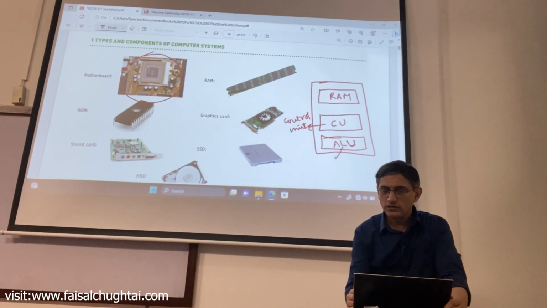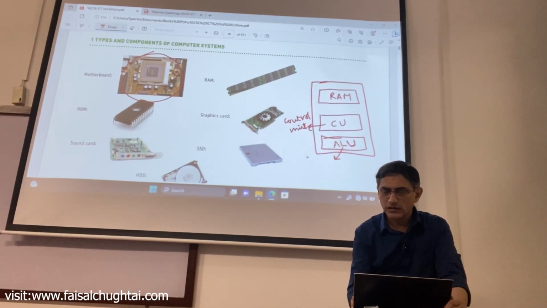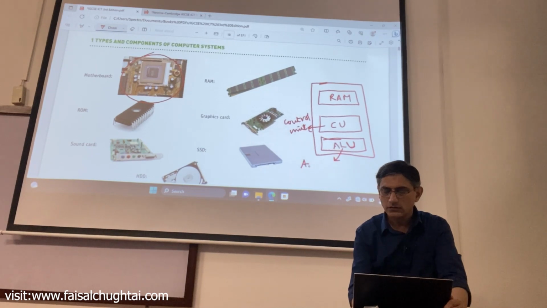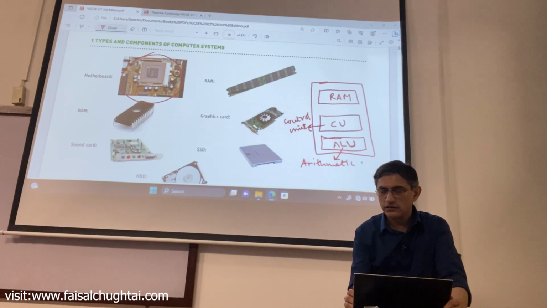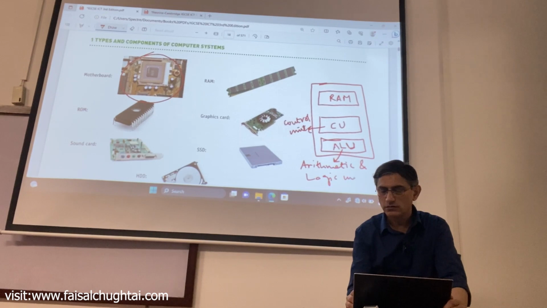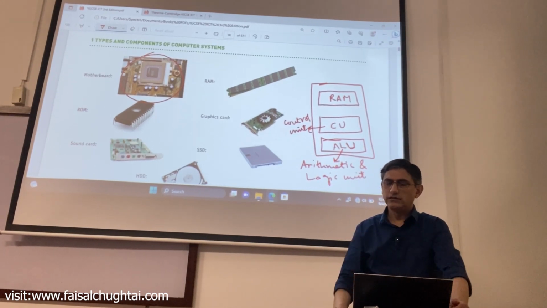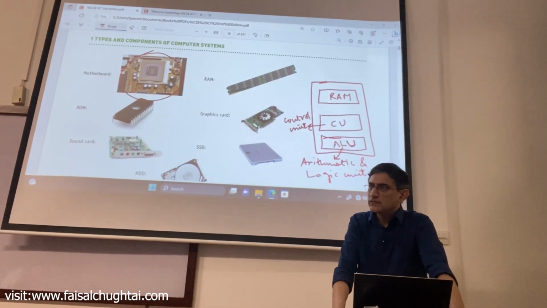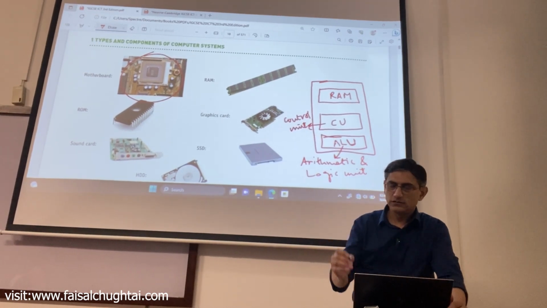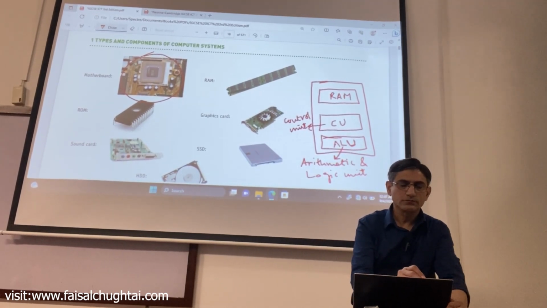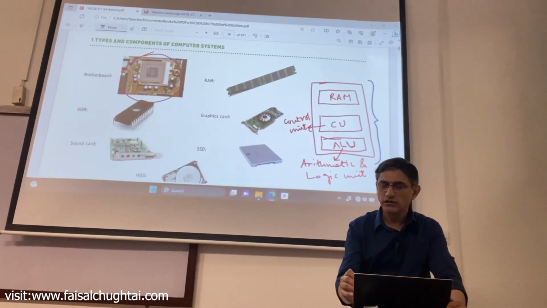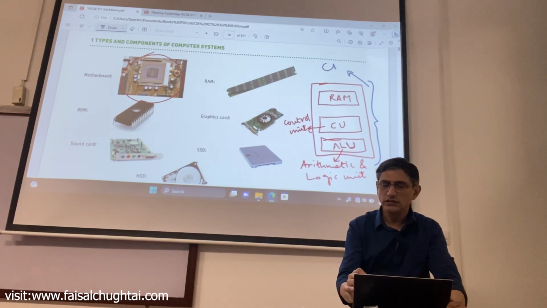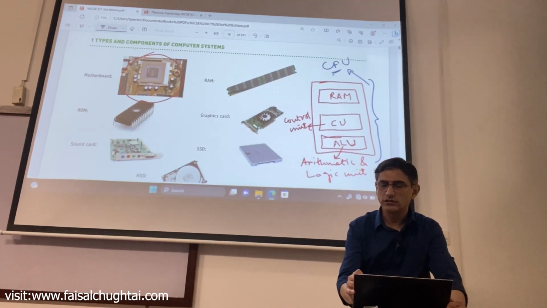ALU stands for arithmetic and logic unit. That is what ALU stands for. And this whole thing combined together is called the CPU, the Central Processing Unit.